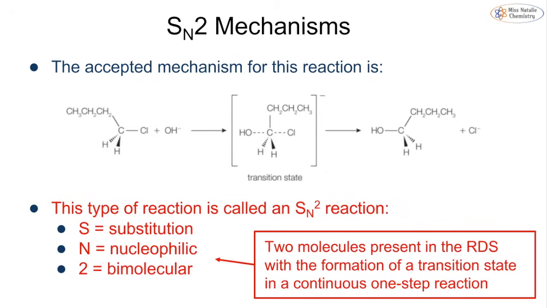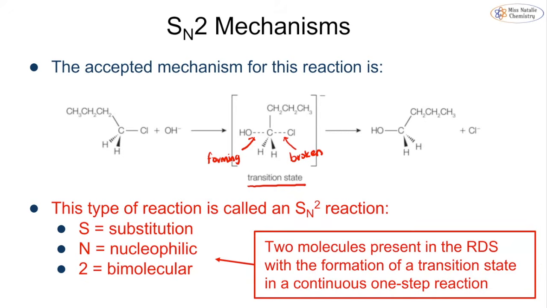And the mechanism for this, you can see that we have a difference here, that we have a mechanism going through a transition state as opposed to the carbocation intermediate. What that basically means is that the bond between the carbon and chlorine is being broken at the same time as the bond between the carbon and oxygen is forming.